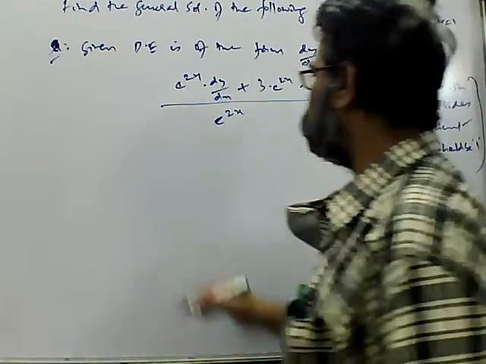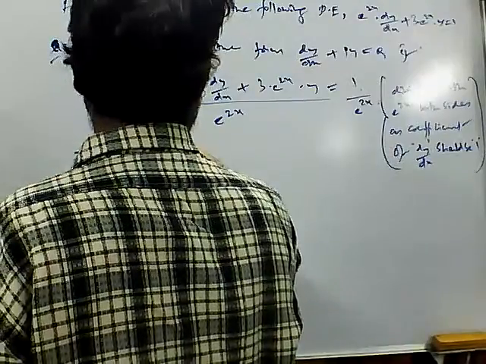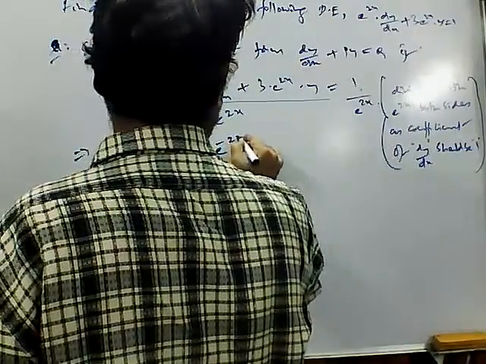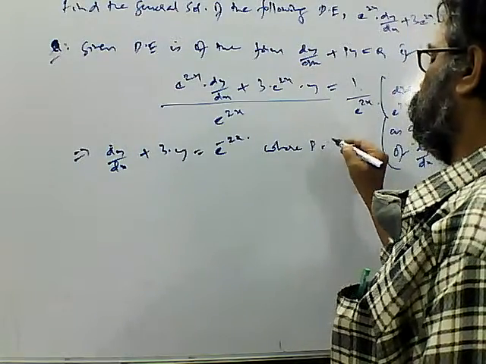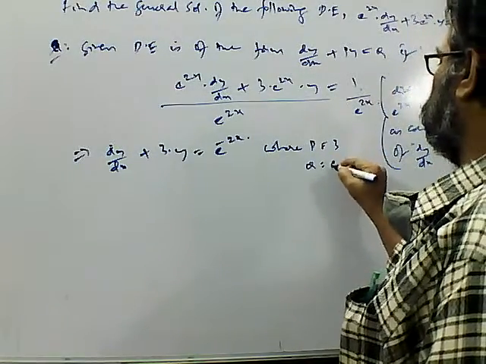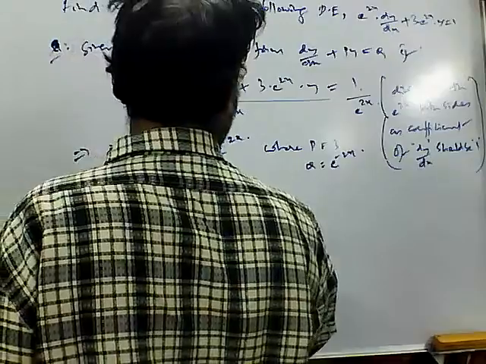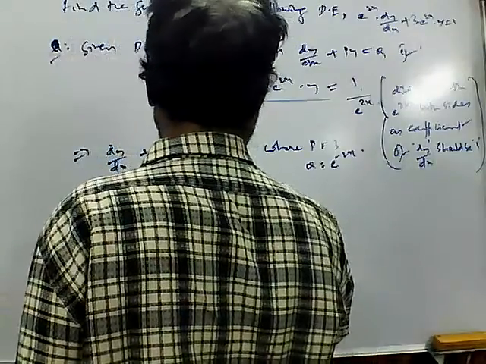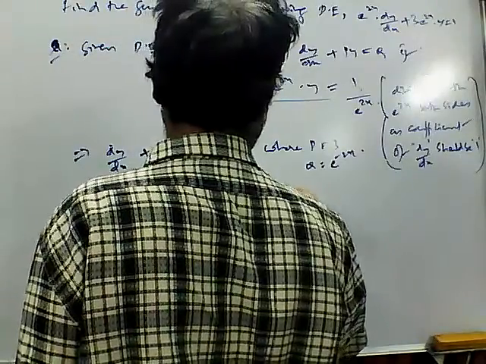So it implies dy by dx plus 3 into y is equal to e power minus 2x, where P is equal to 3, Q is equal to e power minus 2x. IF is equal to e power integral P dx, so e power integral 3 dx, which is equal to e power 3x.